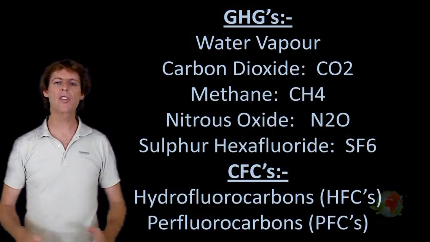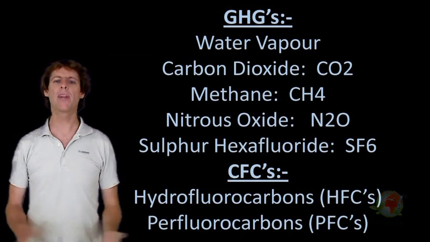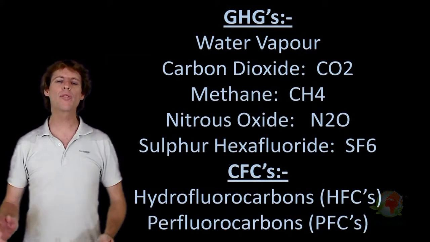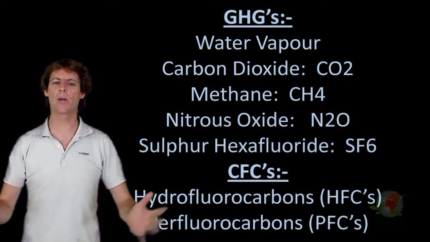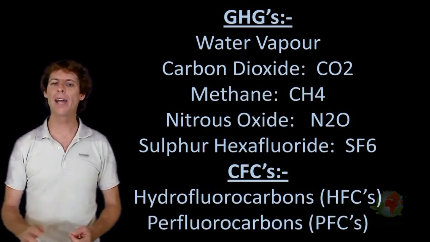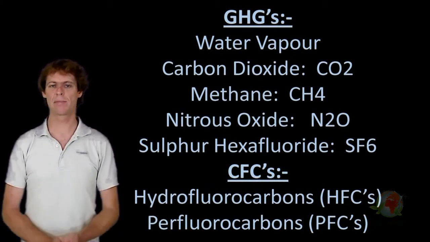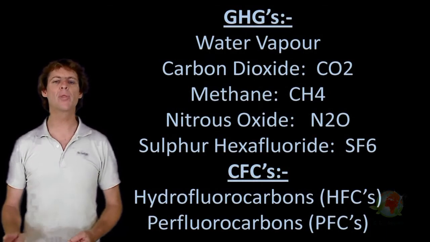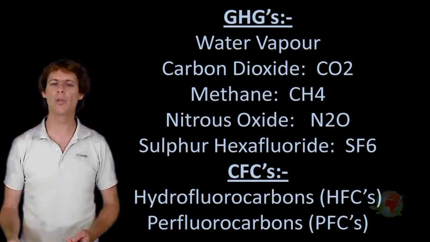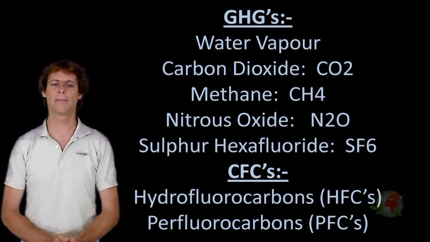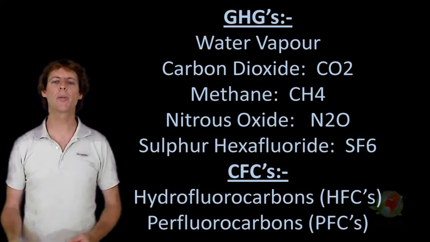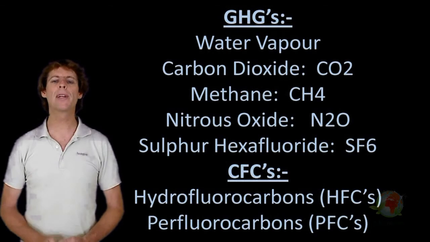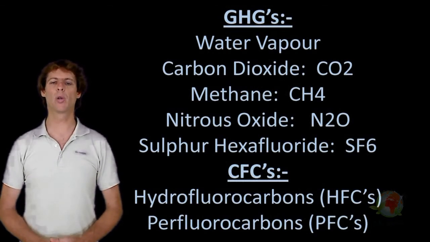Let's now discuss all greenhouse gases and where they come from. Water vapor is produced in the natural water cycle and stored in clouds, as well as from man-made sources such as aeroplanes. Carbon dioxide is released mainly from the burning of fossil fuels, such as coal and oil. Methane and nitrous oxide are also released from the same thing, but this is dependent on the mode of burning the fuel.